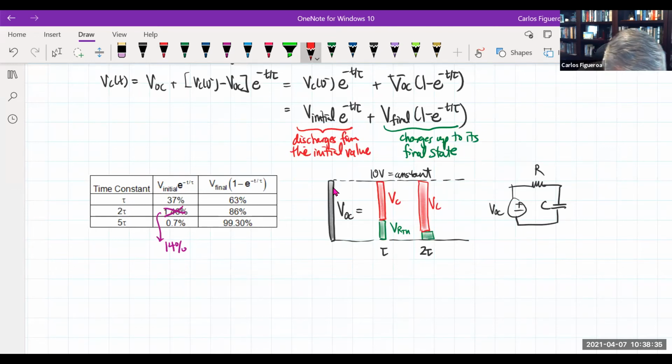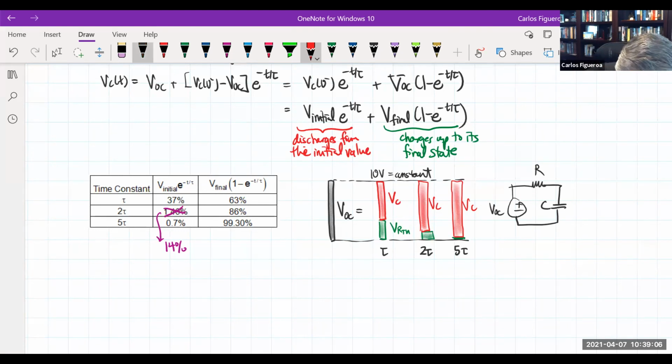And then after 5 tau, which is when we call the steady state, you could see that the green here is just this little tiny line. The lion's share of this whole thing is with the cap now. You're really seeing how this guy is charging up and just dominating this guy.